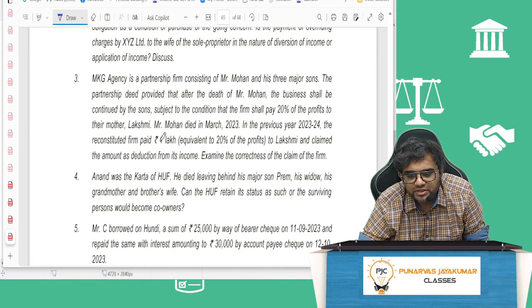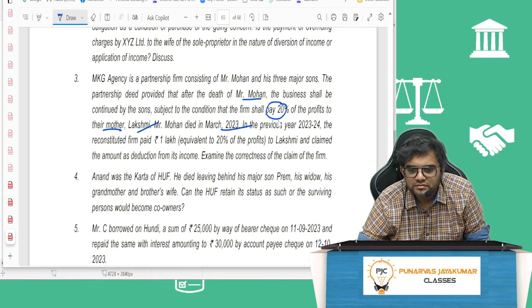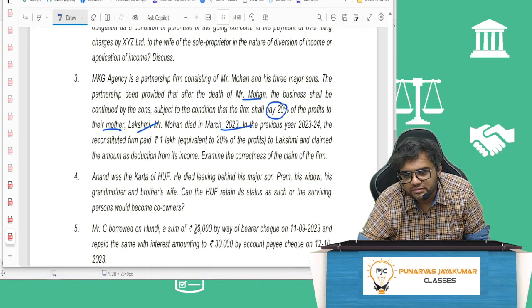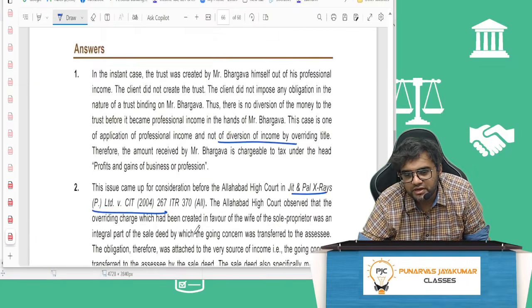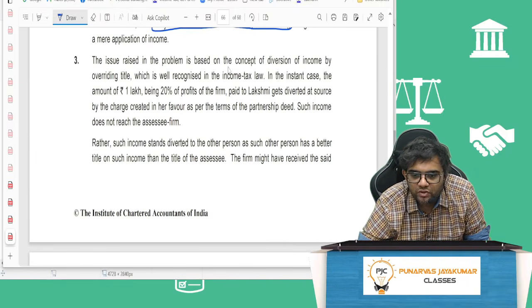MKG is a partnership firm consisting of Mohan and 3 major sons. On the death of Mohan, the business shall be continued by the sons and they will pay 20% of profits to their mother Lakshmi. Mr. Mohan died. So they have made the condition that the partnership firm will continue only if you transfer profits. Obviously, diversion, overriding title.